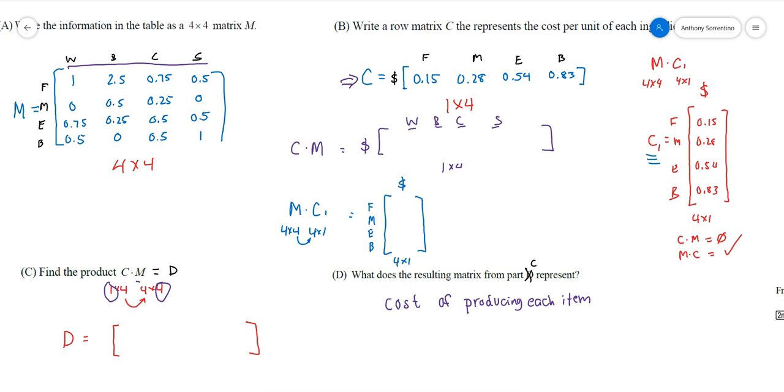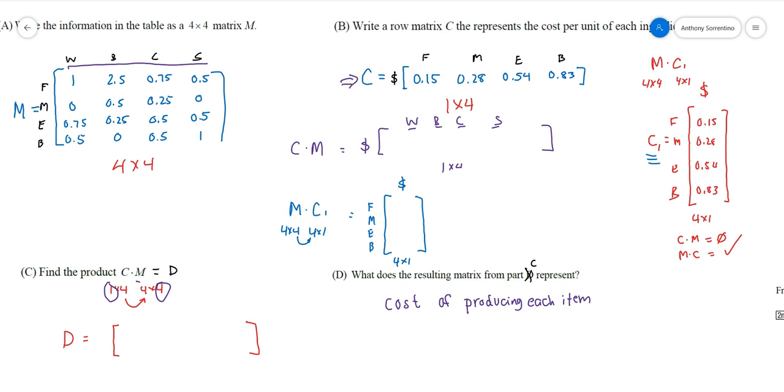This seems to say that I'm going to have a cost for flour, a cost for the milk, the cost for the eggs, the cost for the butter. What this would basically tell me is, when I produce these items, how much money in total am I spending for each of these ingredients? It's not going to tell me how much I'm creating for each item.